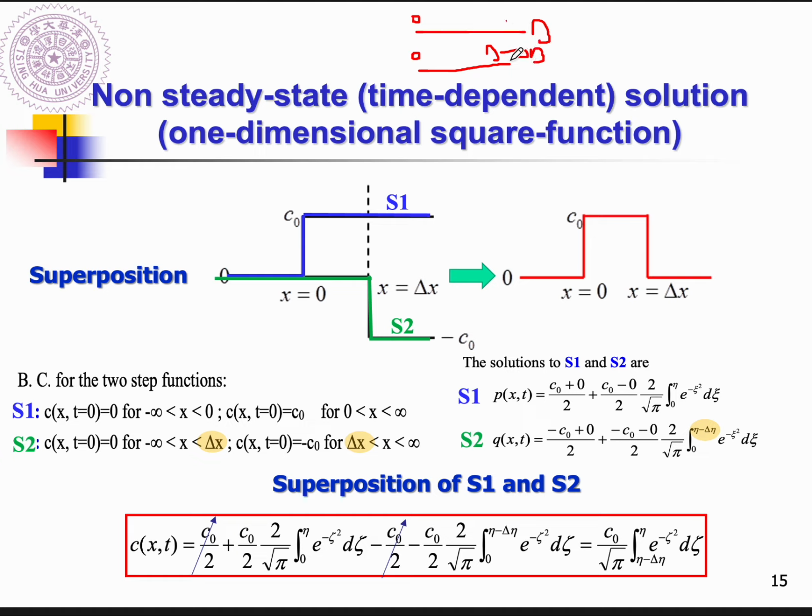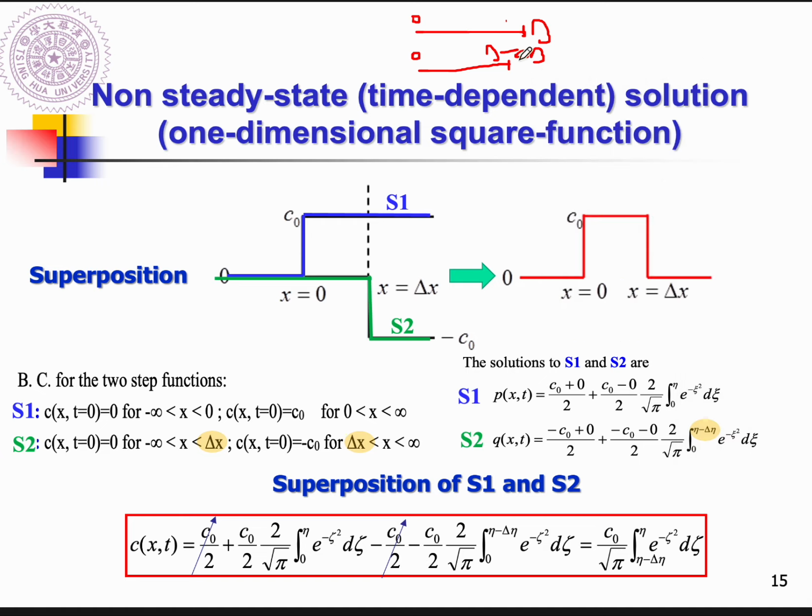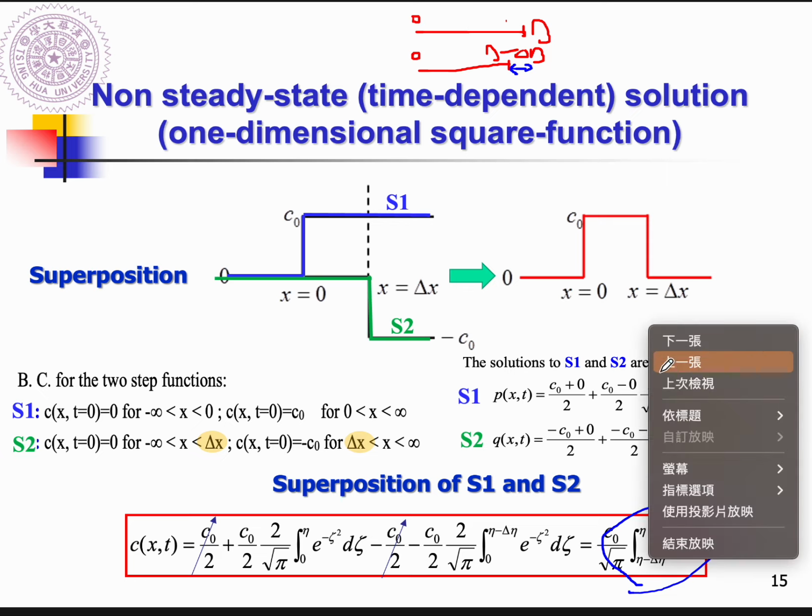So you use this integral minus this integral. What you are left with, using the other color, is this region, the integral from eta minus delta eta to eta. So this is the solution for this one-dimensional square function.